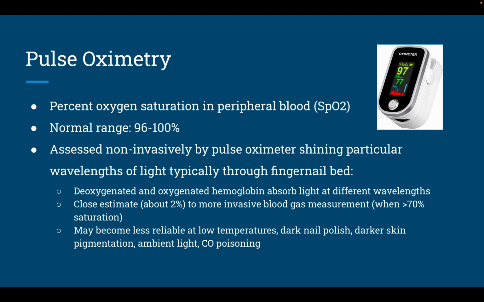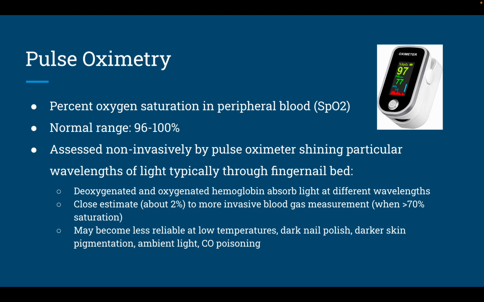It shines different wavelengths of light through the fingernail bed, and deoxygenated and oxygenated hemoglobin absorb light at different wavelengths, so it's able to fairly closely estimate how much oxygen saturation there is in the blood, within about 2%, especially when the oxygen percent is very high in the blood. It's a lot less accurate at lower saturations, which is just important to think about.